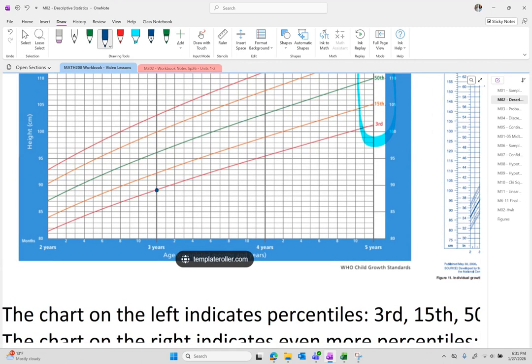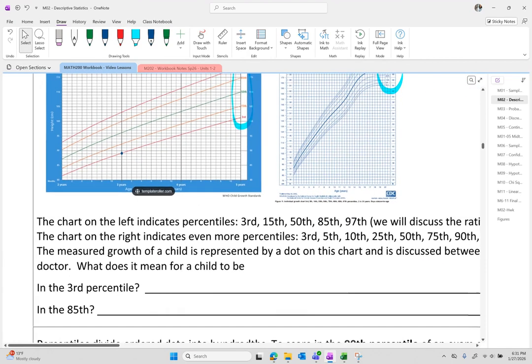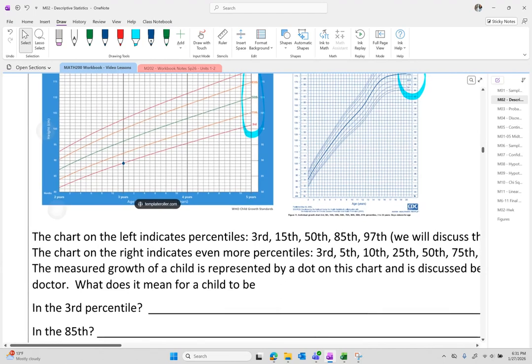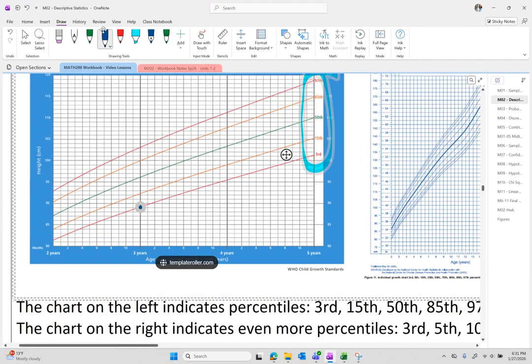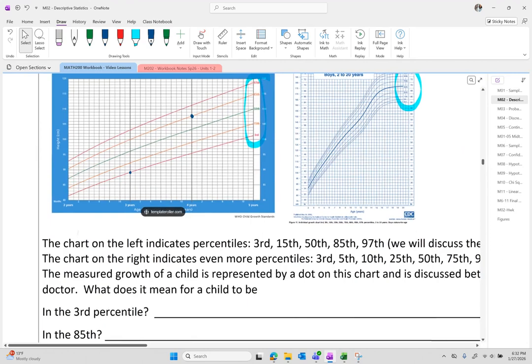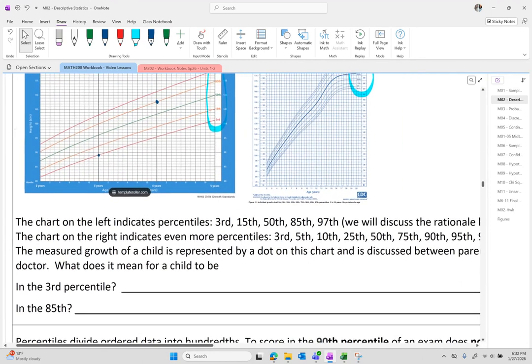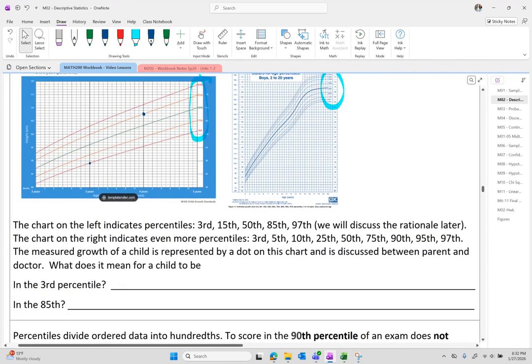And what would it mean if at 4 years old it was on the 85th percentile? Think about it, pause the video, and then let's see what the video says after you restart it.